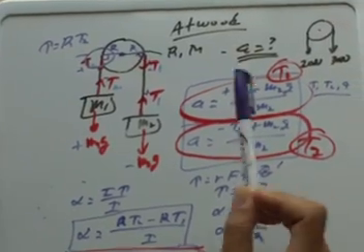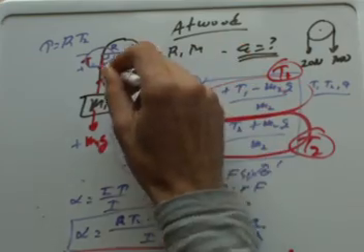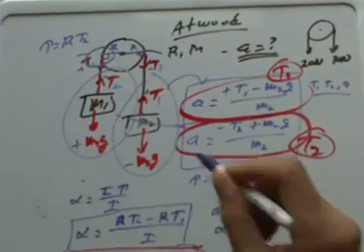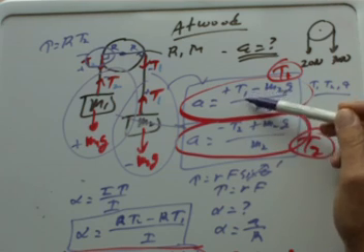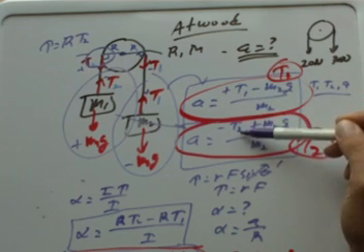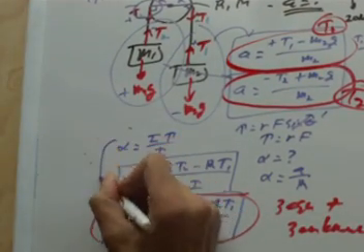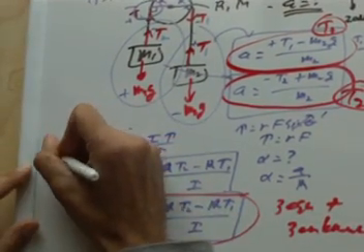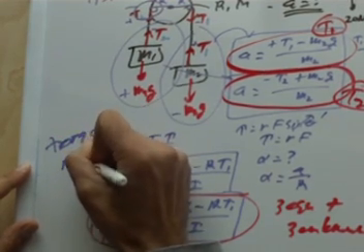But in a case like that, we just use Newton's law. We sum the forces on this mass and get this equation, sum the forces on this mass and get that equation. Early in the quarter, these T's would have been the same and you would have been able to solve and end the problem, but the T's are different now because the real pulley is sitting there, so we need to generate a third equation. That's where this comes from, found by looking at the torque on the pulley.